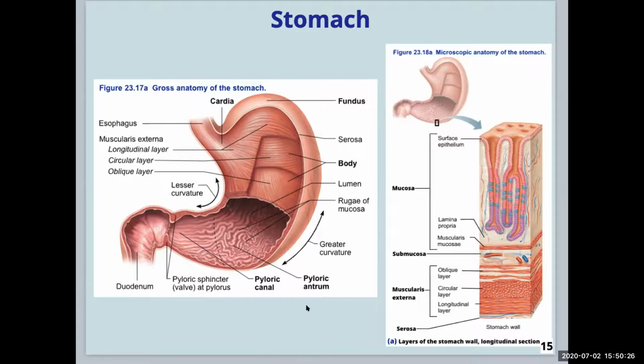Your stomach wall is designed to protect itself against autodigestion. Since it secretes pepsin, which is a strong enzyme that's able to digest protein, and your stomach is mostly protein, right? Because it's muscle. Muscle is like meat, right? When you break meat down, that's protein. So you have an enzyme inside that could potentially break down the protein.